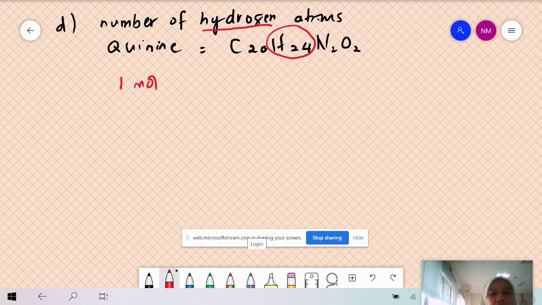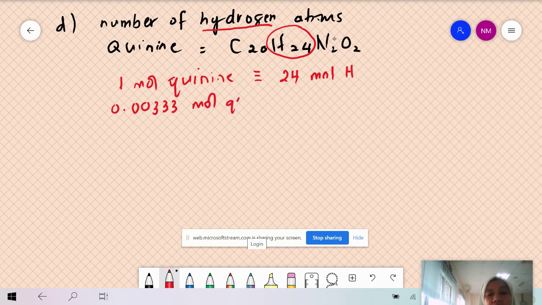1 mole of quinine contains how many mole of hydrogen? 24 mole of hydrogen. Do you know the number of mole of quinine? Yes, from part B, you know the number of mole of quinine is 0.00333.